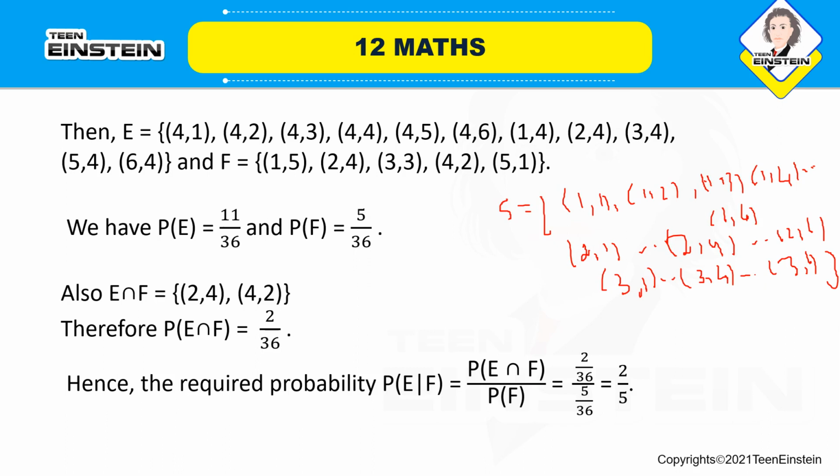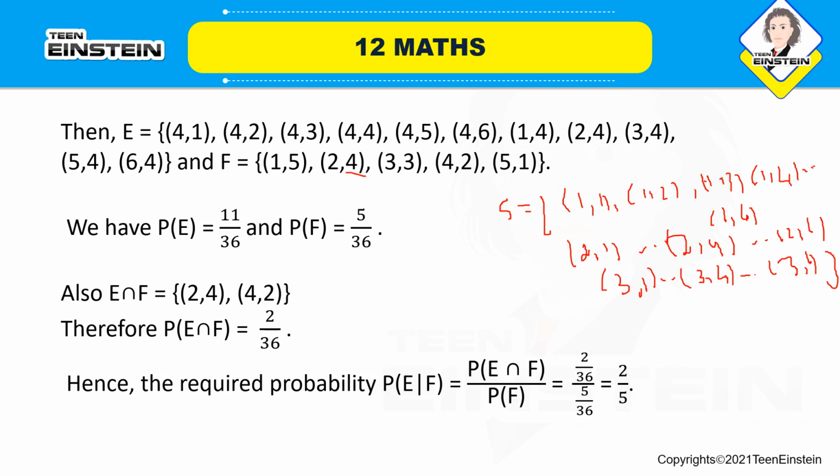If I am getting 1 in the first row, then what number do I have to get in the second row in order to get the sum as 6? 5, right? So 1 comma 5. Then next combination, suppose I am getting 2 in the first row, then what number do I have to get in the second row to make the sum of these two numbers 6? 4. So 2 plus 4 is 6, then 3 plus 3 is 6, 4 plus 2 is 6, 5 plus 1 is 6.